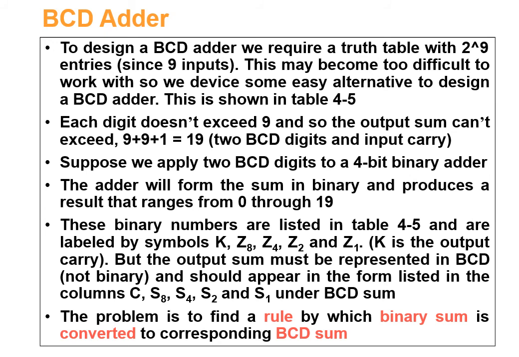The column under output sum of two decimal digits must be represented in BCD and should appear in the form listed in the column under BCD sum.